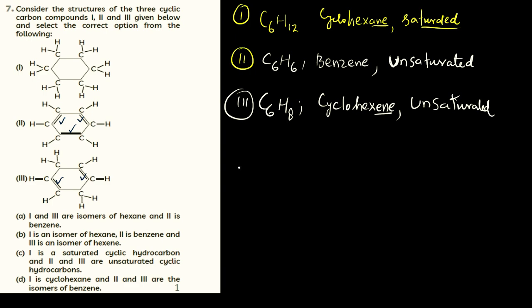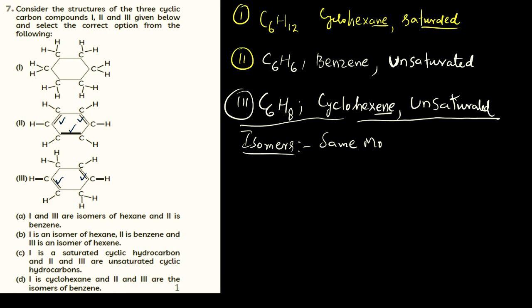Now the question says A, first and third are isomers. Isomer, one new term maybe for you. Isomers are the chemical compounds having same molecular formula, but different structure.